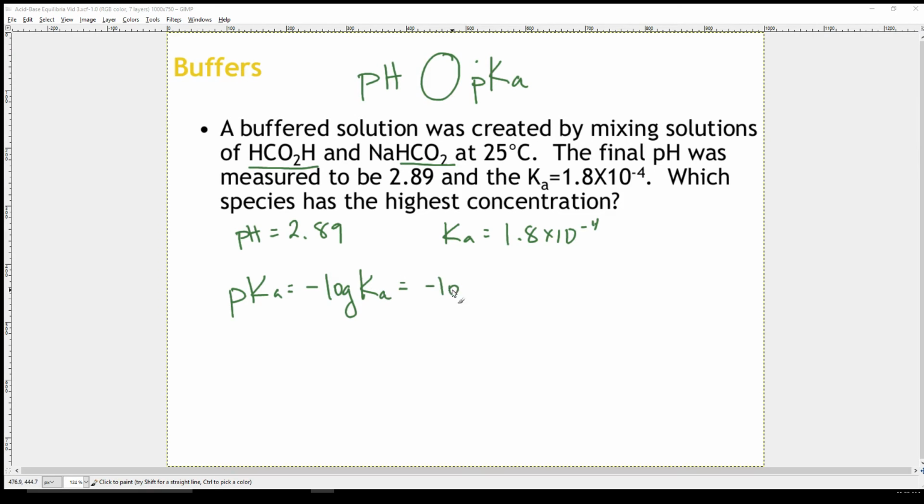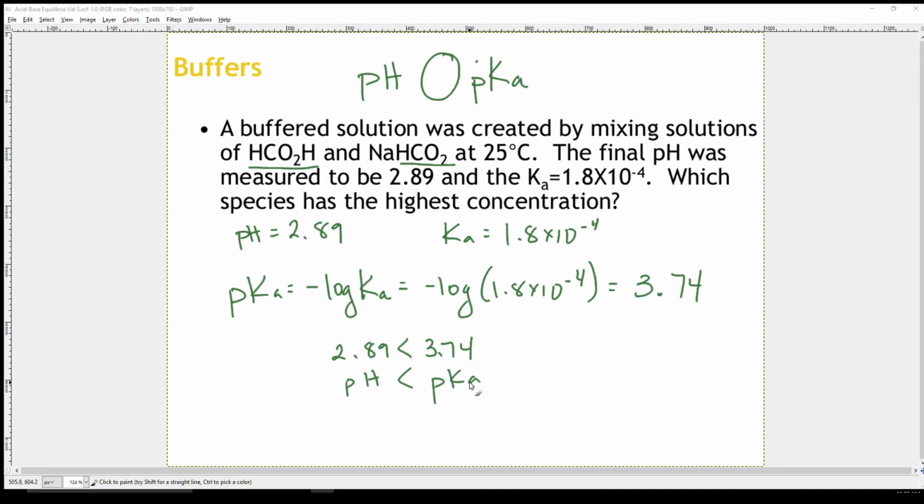So you'd have negative log of 1.8 times 10 to the negative 4, and you should end up with 3.74. So I have 2.89 as my pH, which is less than 3.74, which is my pKa.